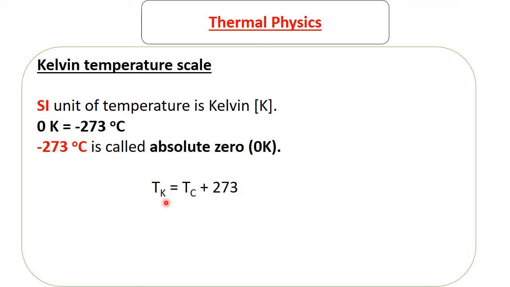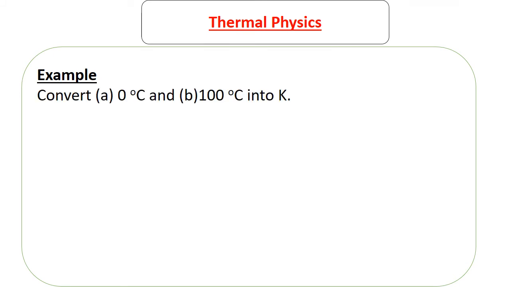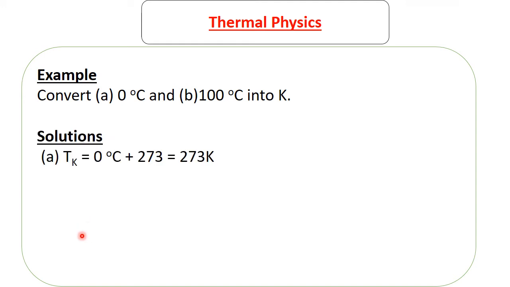Let's take a look at an example. Convert 0 degrees Celsius and 100 degrees Celsius into kelvins. To convert 0 degrees, you add 273 and you have 273 kelvins. To convert 100 degrees Celsius, you add 273 and you have 373 kelvins.